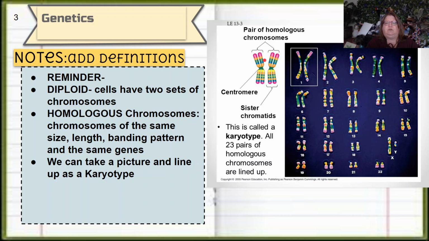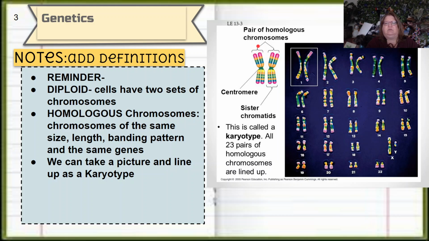So just to review the terms that we already know, each one of these would be a chromosome. There's one chromosome, there's another chromosome. And in the chromosome, they have sister chromatids that are exact copies.